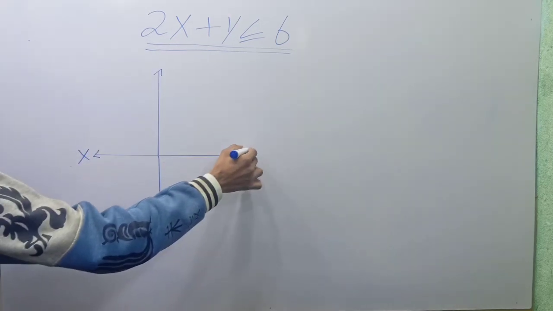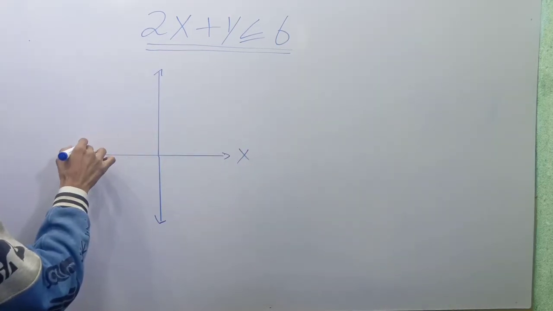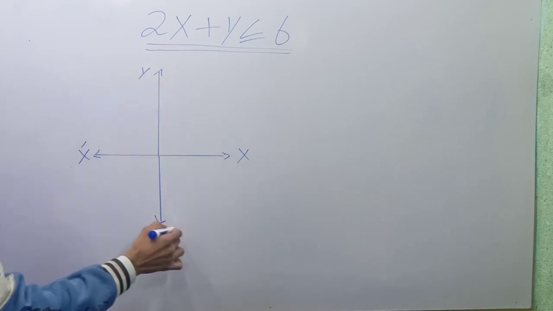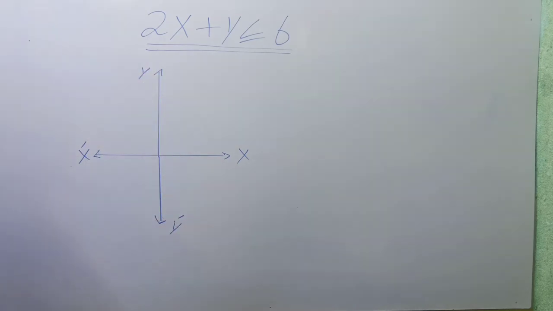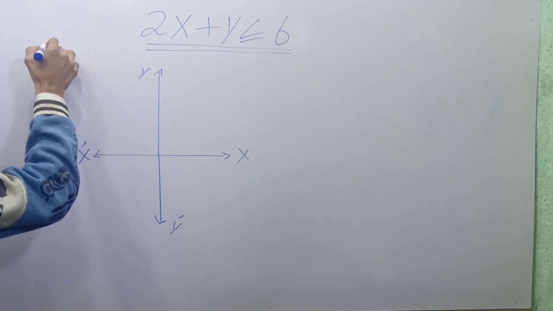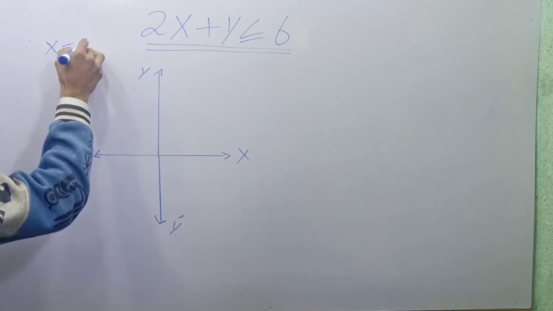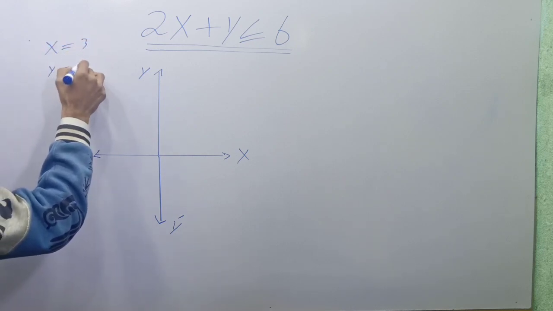This is the x-axis, x prime axis, y-axis, and it is our y prime axis. As we know, its x-intercept was 3 and y-intercept was 6.